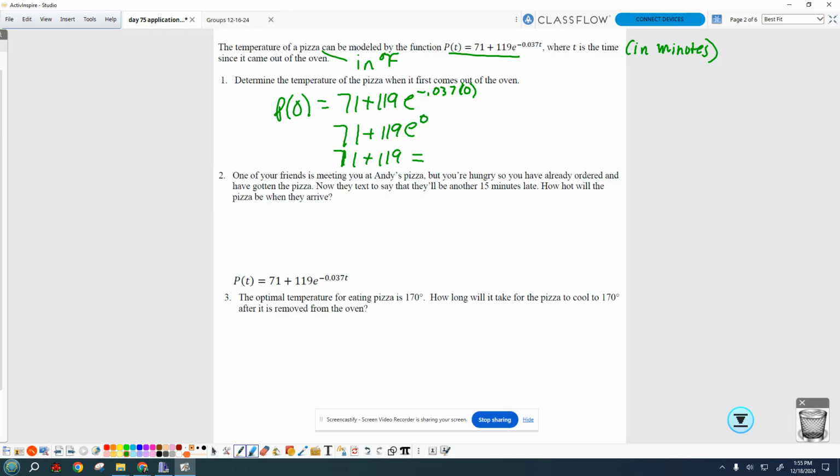It's just e to the 0 plus 1. So how hot is the pizza when it comes out of the oven? 190 degrees Fahrenheit. If it were degrees Celsius, the bread would be boiling.